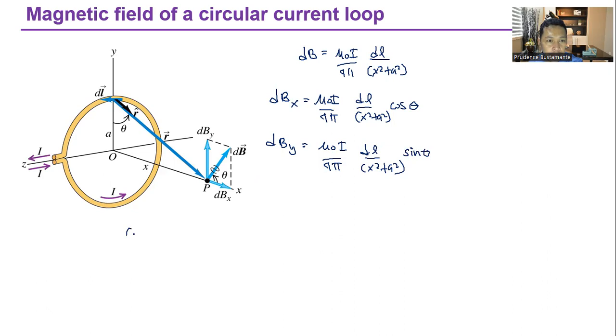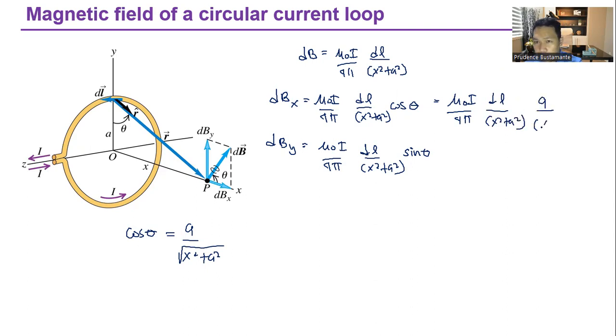So what is cosine of theta? Cosine of theta is the adjacent, which is a, over the hypotenuse, which is r. So r is equal to the square root of x squared plus a squared. So dBx is mu naught I over 4 pi dL over x squared plus a squared times a over (x squared plus a squared) to the 1/2.